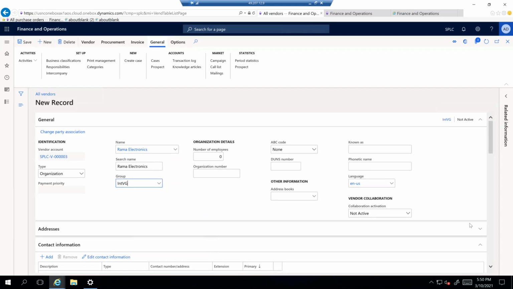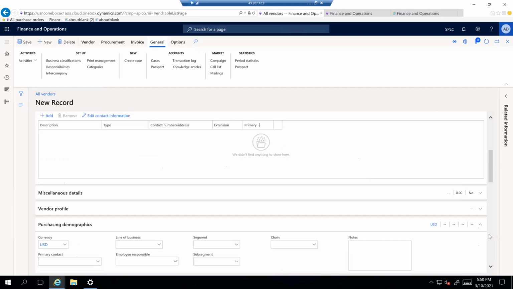I selected the international vendor group. Now the currency will automatically be US dollars because the company currency is US dollars. Now I'm changing it to INR. I have created a vendor called 003 Rama Electronics. From India, the USA company is importing.